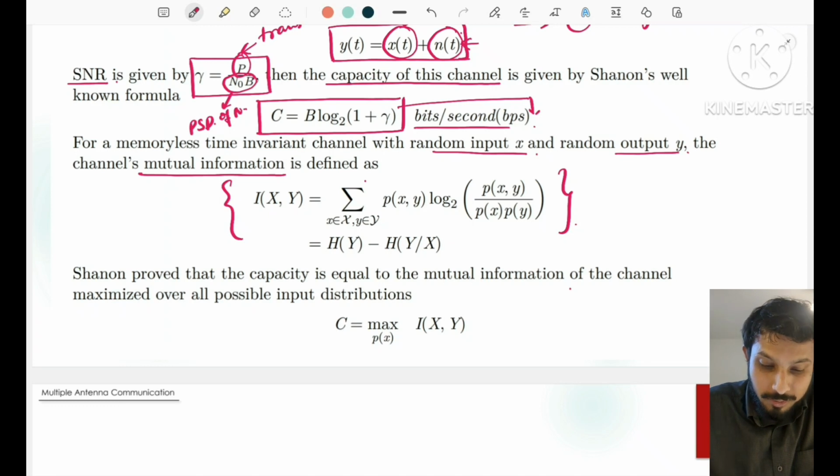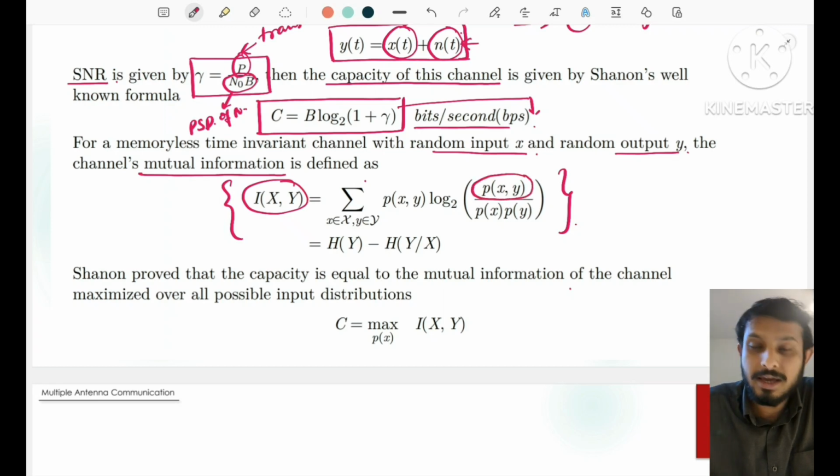We have seen it in our previous video on information theory. Mutual information is the relative distance between the joint distribution of X and Y and the product of the distributions Px and Py.